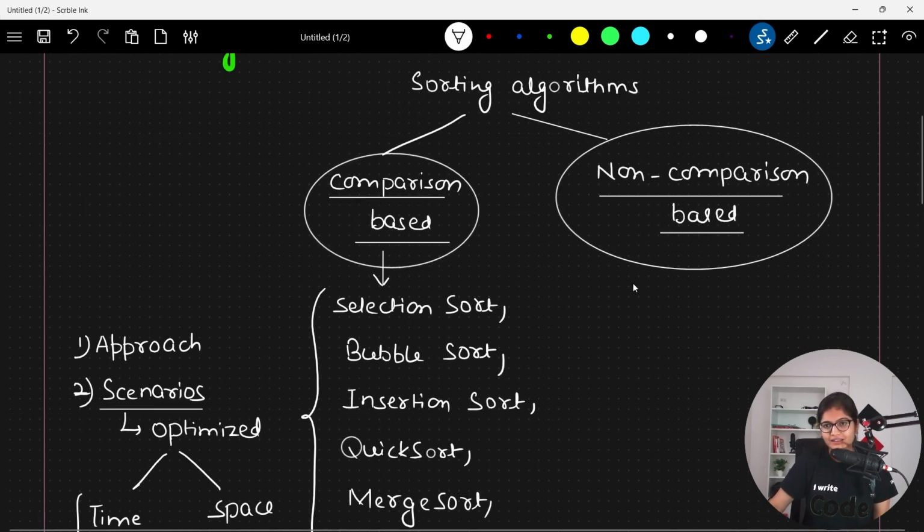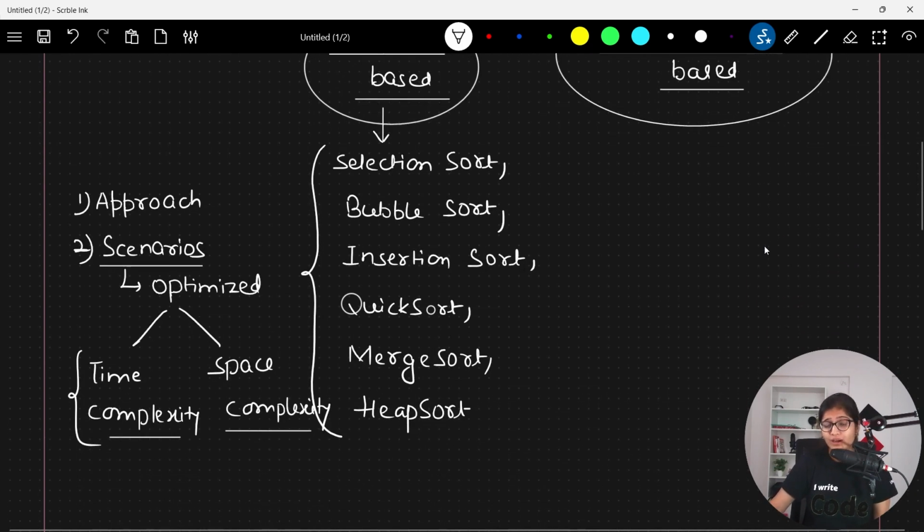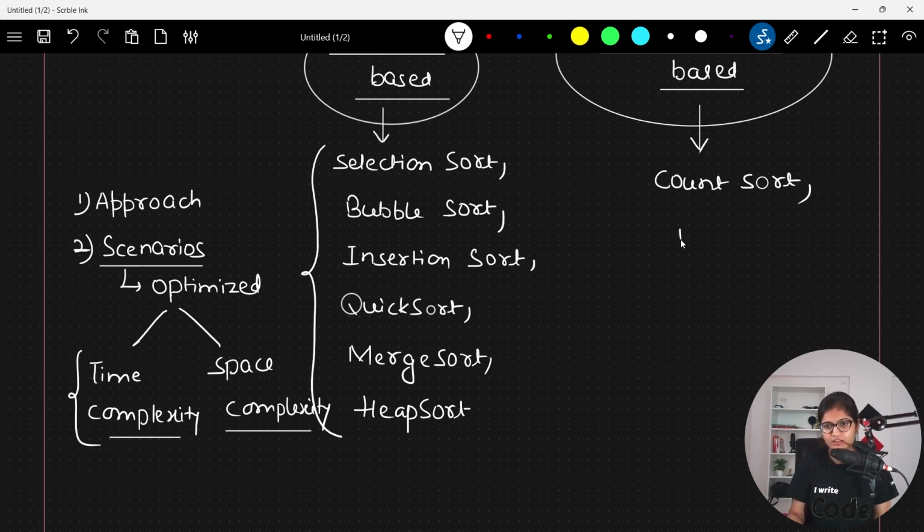Apart from that, you have non-comparison based sorting algorithms as well, where there is no such comparison of the numbers or the values that we have inside the array. This includes maybe the count sort, the radix sort, and the bucket sort that we have.